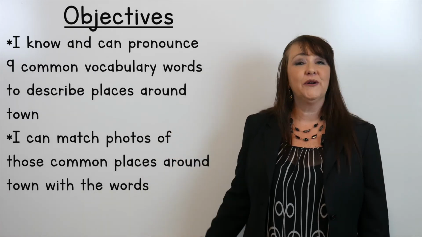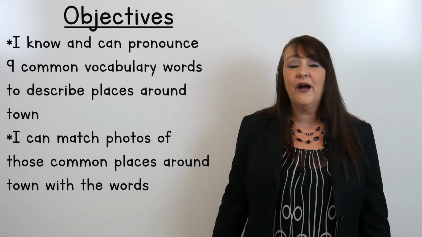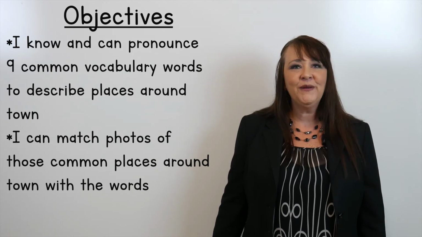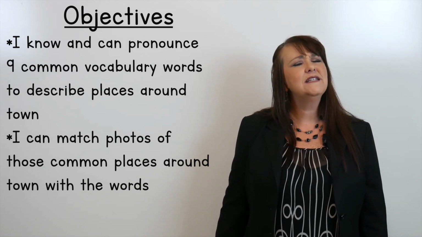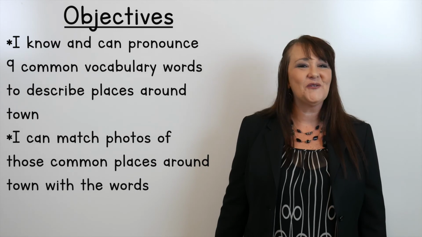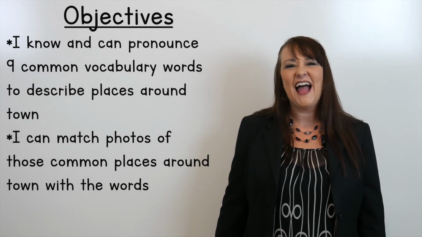Let's see how great you did and look at today's objectives. Can you pronounce and do you know 9 common vocabulary words to describe places around town? I hope so.